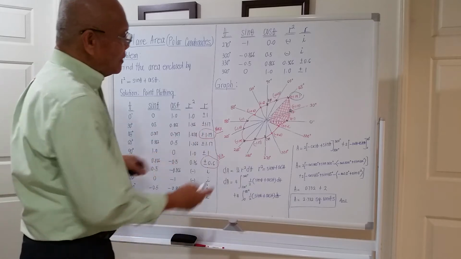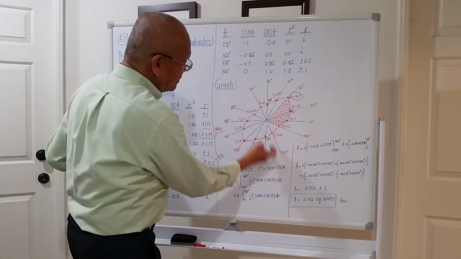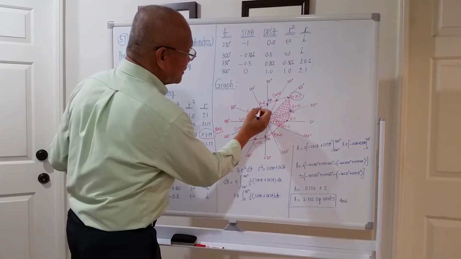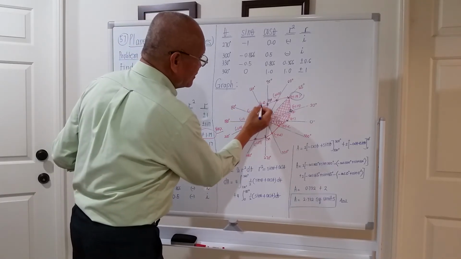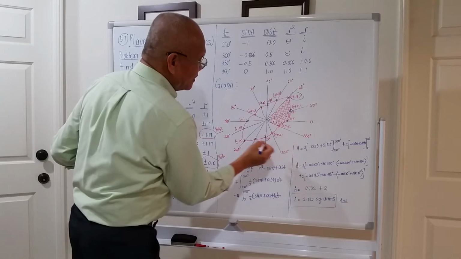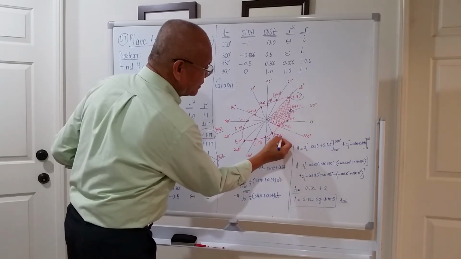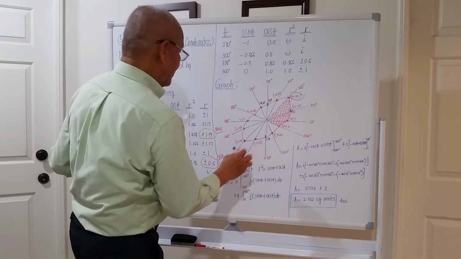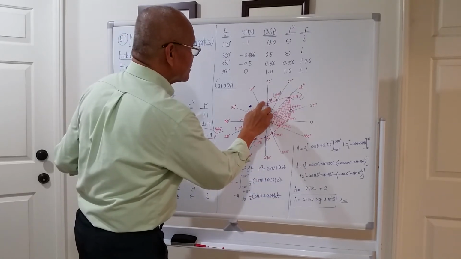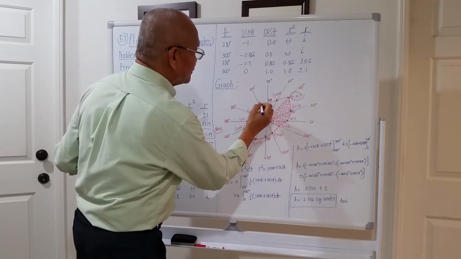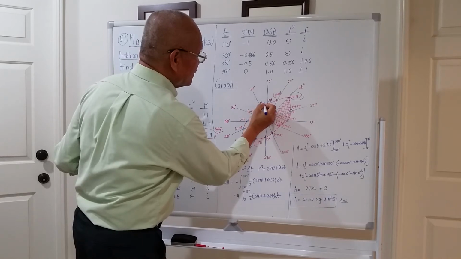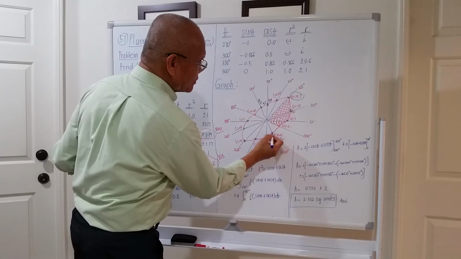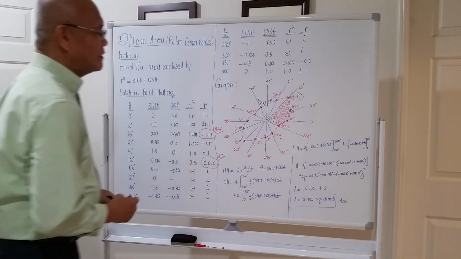So at 120 degrees the radius of the graph is plus and minus 1. This is plus 1, and this is minus 1. No, sorry guys. At 120 it is positive 0.6, and the other one will be negative 0.6. Okay?